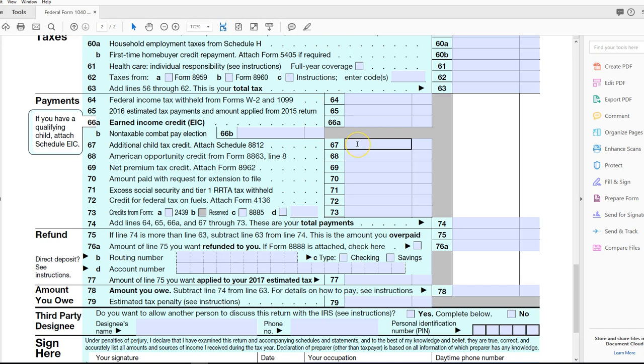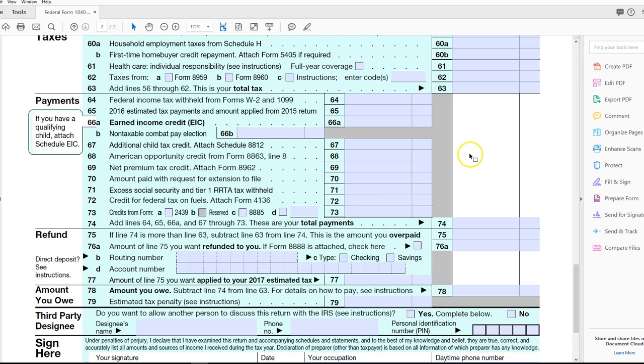So there's some additional combat pay election taxes credits, additional child tax credits, opportunity credit, and excess Social Security. That's a kind of an unusual thing. And then there's credit for tax on fuels.